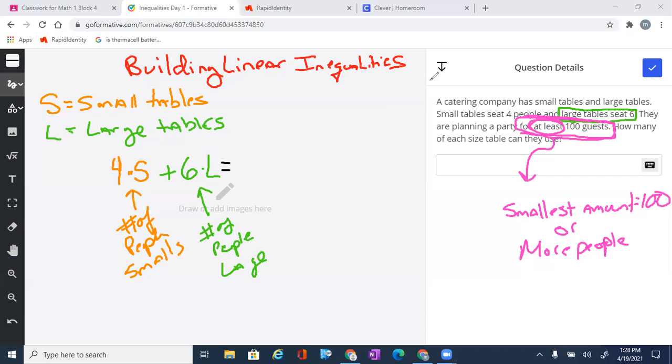Okay, but what we know is that the number of people at the small tables and the large tables can be equal to 100, or they can be more when we combine the people at small tables and at large tables.